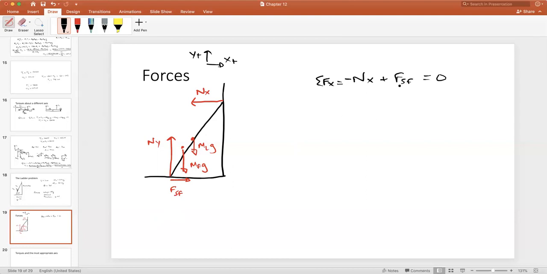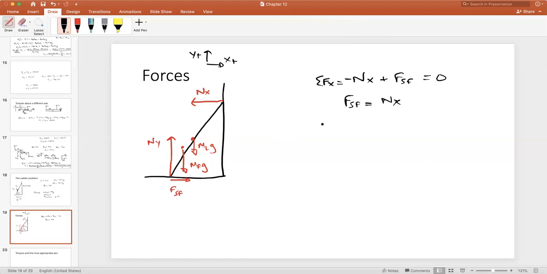That's equal to 0. If I had forgotten the static friction force, this wouldn't equal 0, so I would know that there was a force I wasn't considering. Had I remembered the static friction force but forgotten the normal force of the wall, I would have known either way. So the force of static friction is equal to nx, right?